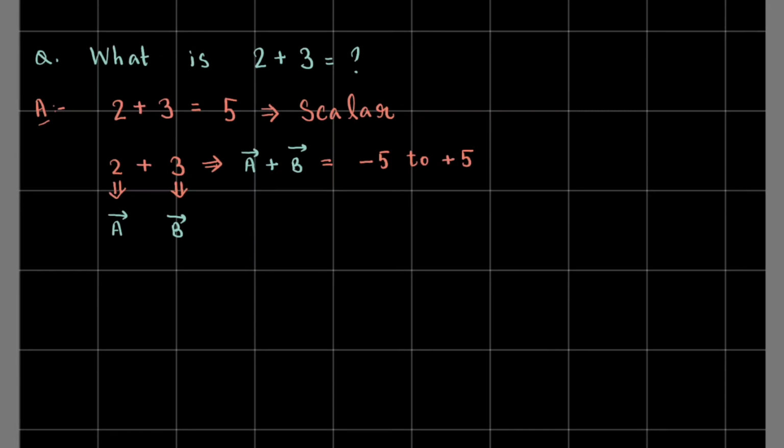We follow the rules of vector addition, and basically what that entails is that we need to have knowledge about the direction of the vectors as well, how they're oriented with respect to each other, and that direction comes into play when we are doing the vector addition and getting at the exact value of 2 vector plus 3 vector, where 2 is the magnitude of a vector and 3 is the magnitude of b vector.